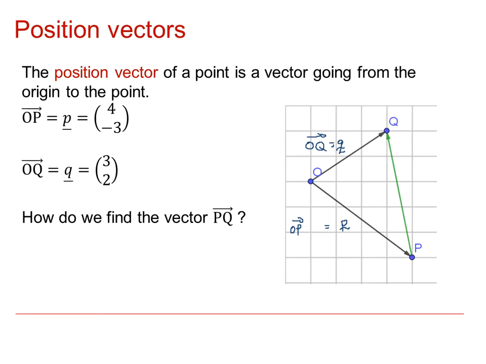Well, if we look at our diagram, to go from P to Q, we can start off at P, go to the origin, so that would be the vector from P to O, and then from the origin go to Q, so from O to Q. Now, PO is the same as minus OP, so we would say that OQ minus OP is equal to the vector from P to Q. Or putting it another way, PQ is equal to vector Q minus vector P. You can remember that by remembering that it's the right hand one minus the left hand one in terms of the letters.